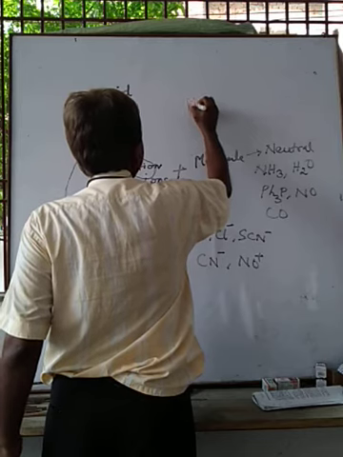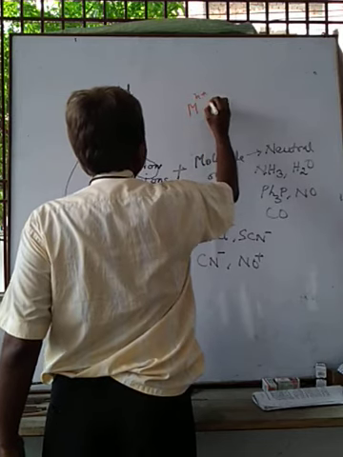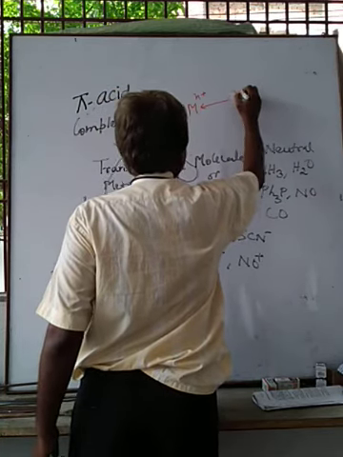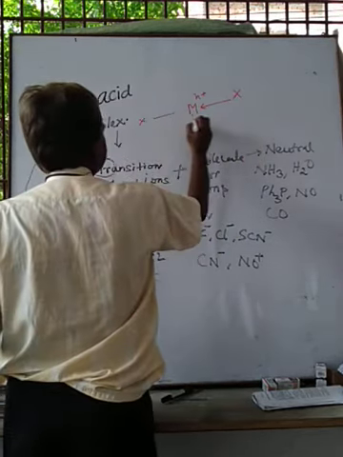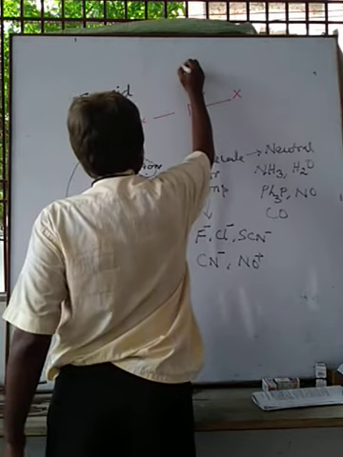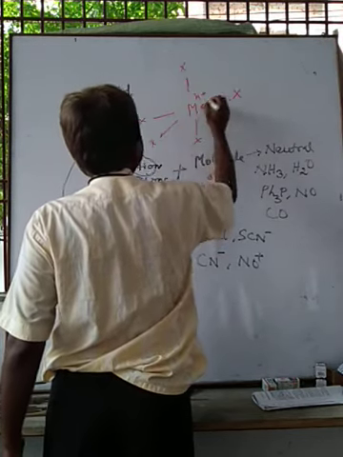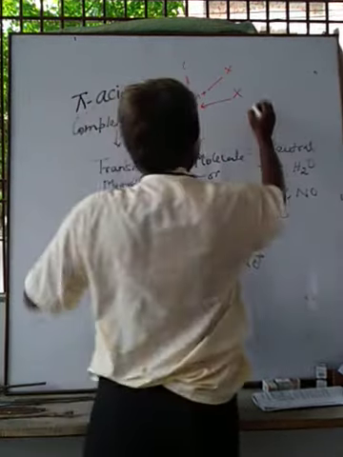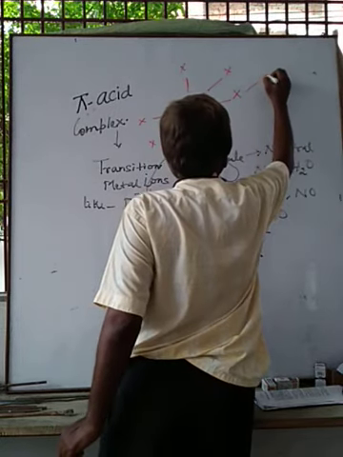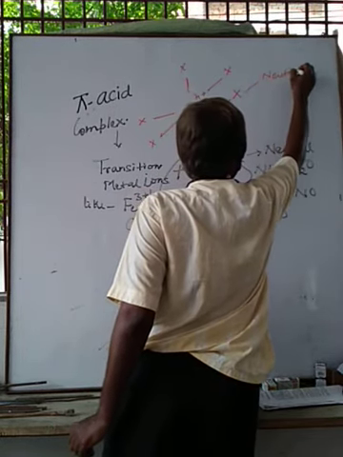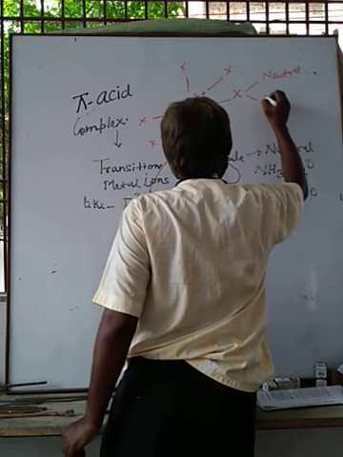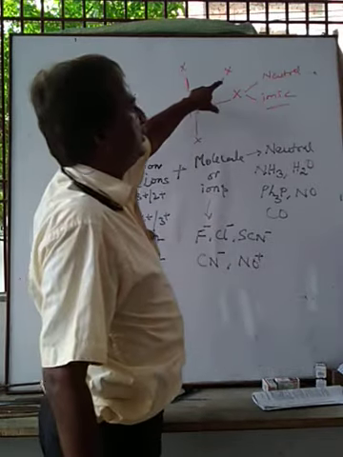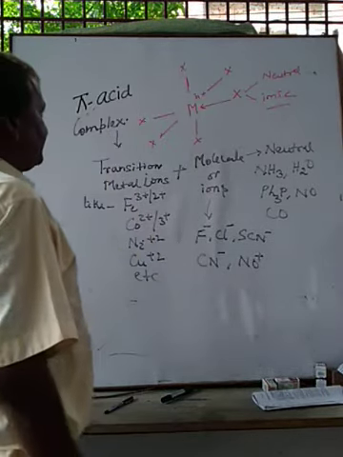If this metal ion is surrounded by some molecules, say for example X, X, X, X, X, and X, where these X may either be neutral or ion. ये X क्या हो सकता है? न्यूट्रल भी हो सकता है और आयनिक भी हो सकता है.